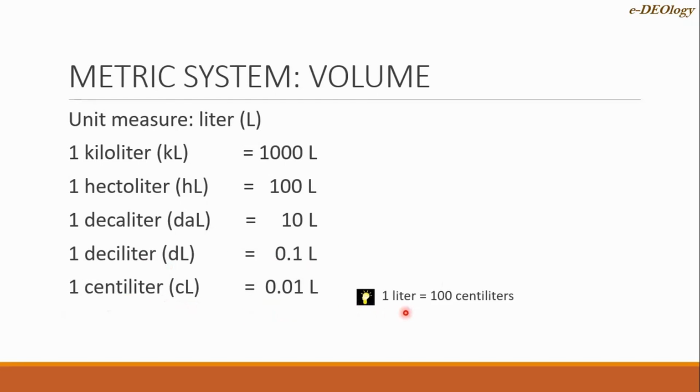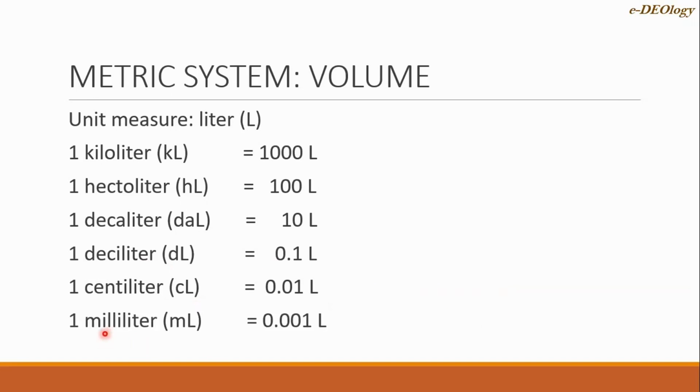We may write 1 liter equals 100 centiliters. And the last is the milliliter, symbolized by mL. 1 milliliter equals 0.001 liter. And we may write that 1 liter equals 1000 milliliters.